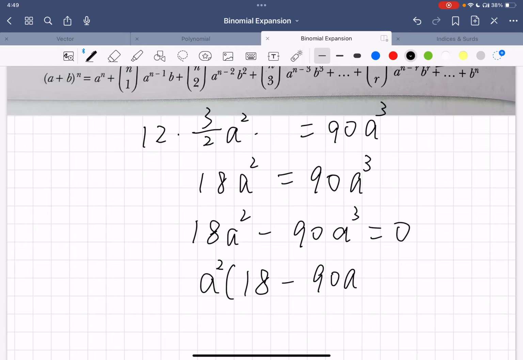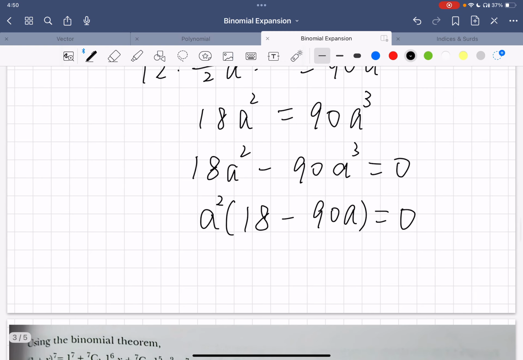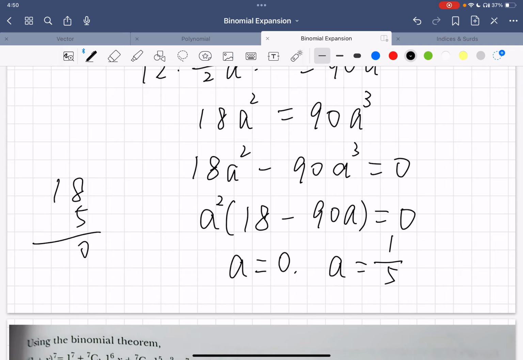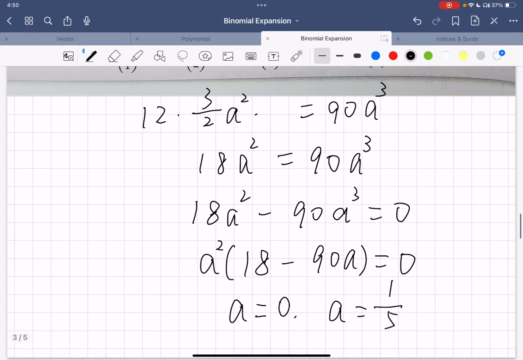So basically in this case, a equals 0, or a equals 1 over 5, right? We can simply calculate, yes, 1 over 5. So that is the answer.